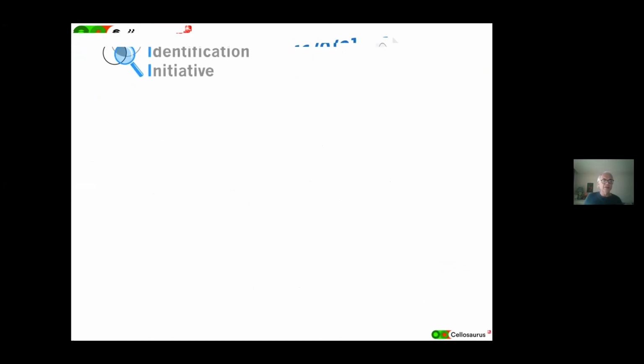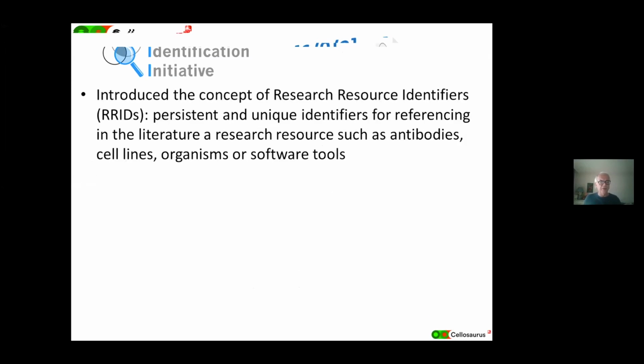Now we go to an important topic, it's still about names, the Research Resource Initiative. They introduced already a number of years ago the concept of what is called RRIDs, Research Resource Identifiers, which are unique and persistent identifiers for referencing in literature all kinds of research resources: antibodies, organisms, software tools, and of course cell lines.